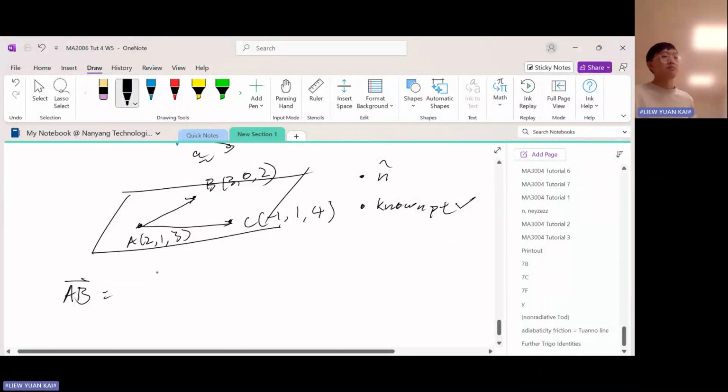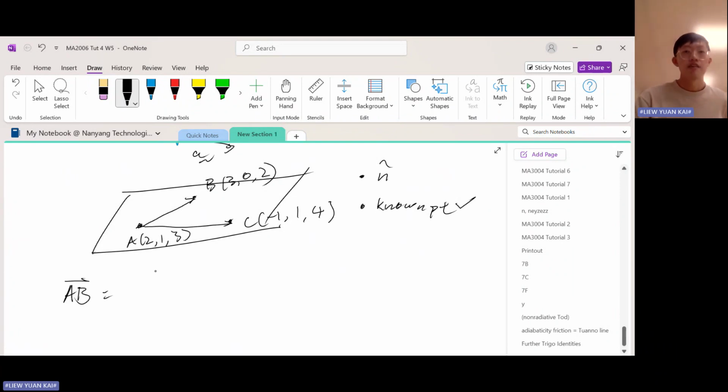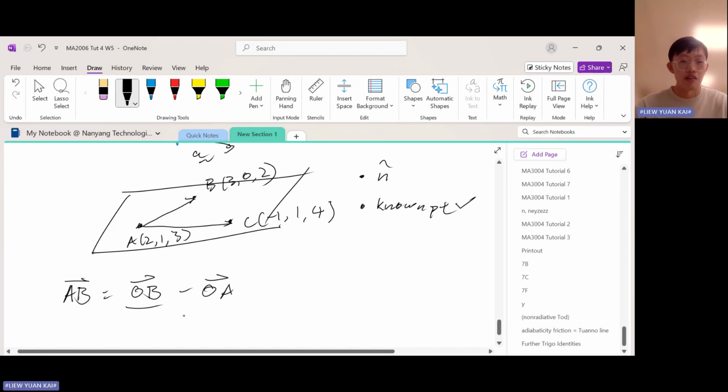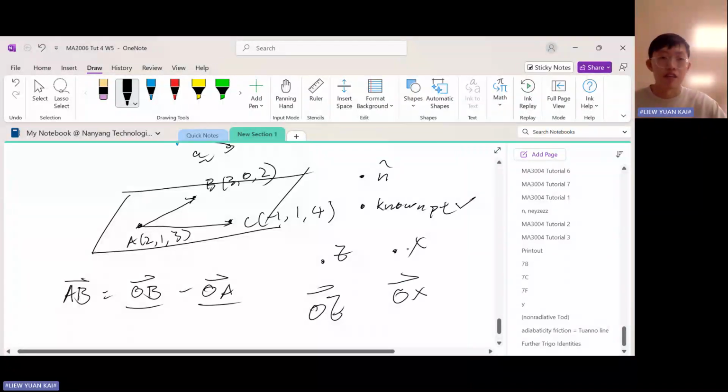To do this, we need to express AB and AC in terms of its position vectors, which is the formula that we've seen before in secondary school. Namely, if I give you a vector AB, it can be written as OB minus OA. This is called expressing a vector in terms of its position vectors. These are the position vectors. Any point, let's say I give you a point Z, OZ will be its position vector. If I give you point X, then OX is its position vector.